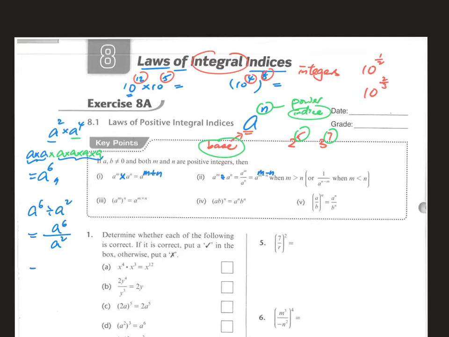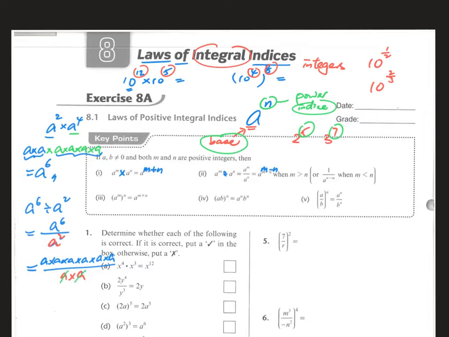Once again, going back to primary school level, a to the power 6 means 1, 2, 3, 4, 5, and 6 a's on top multiplied together, while a squared means a times a at the denominator. In a fraction, that means we can do cancellation up and down. There are 2 a's at the bottom and 2 a's on top. After cancellation, there are 6 minus 2 a's left behind. So that's why it's a to the power 4, and it explains why the index is m minus n when you have division.